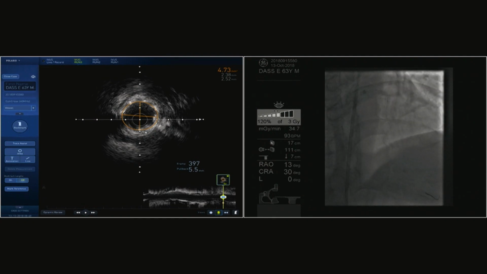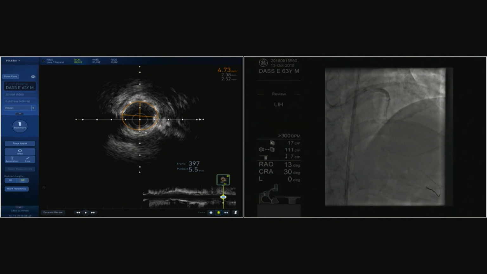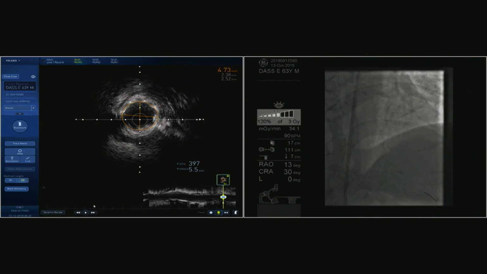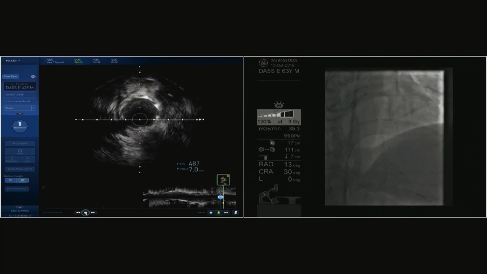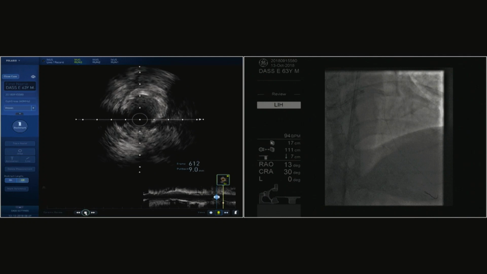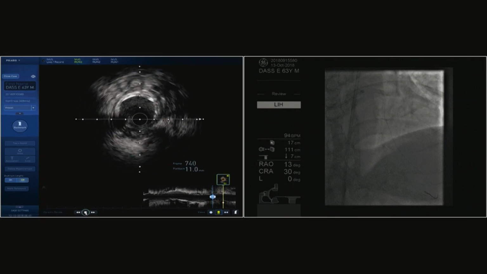What is the size of the balloon you are using now? The trio, but we are going to 18 to 20 atmospheres. I'm going to proximal. I think the bigger issue with this IVUS is the proximal part of the LAD. You can see some under-expansion area from the proximal LAD to the bifurcation of the left main coronary artery.